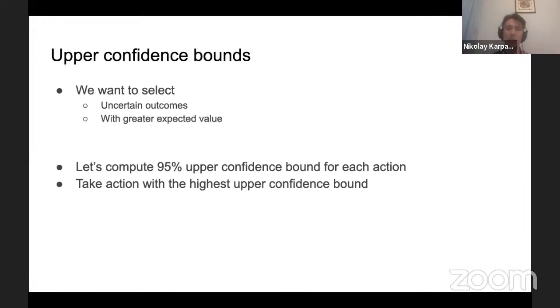So if we are given some probability distribution, which we draw samples from, we can use different confidence bounds, and the confidence bound would be a number which exceeds the sample drawn from this distribution with the given probability. So upper confidence bound is basically the bound which bounds the sample from the distribution from the upper side.